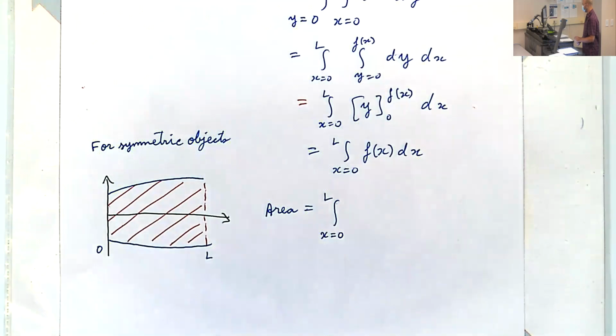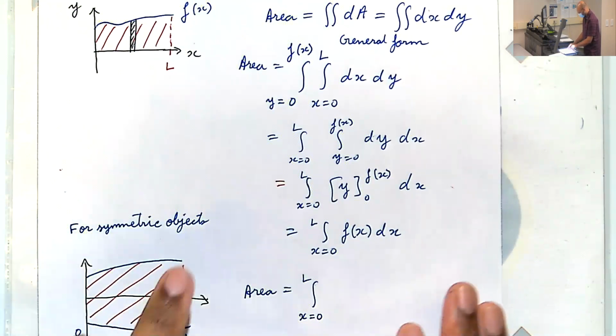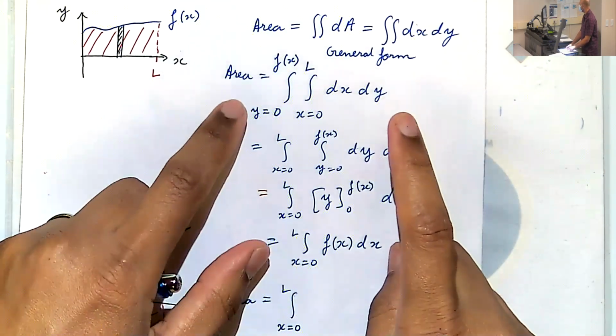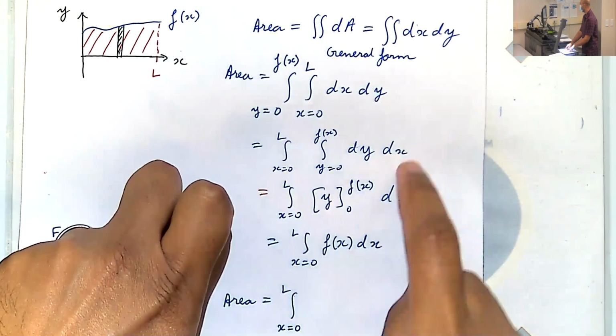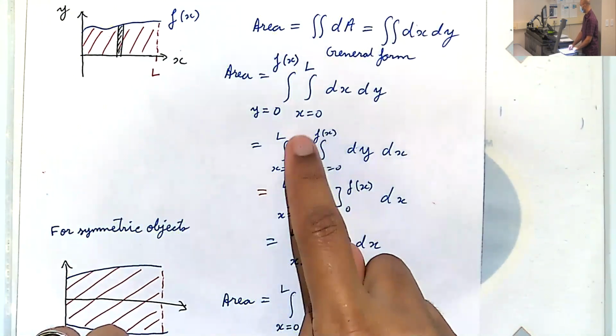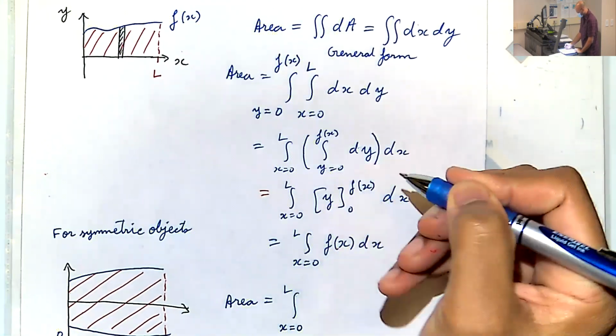And so one thing, let me go back 1 second and talk about one important thing. Why is it not possible to integrate in x first here? Why did we do the integration in y first? So we did this integral first.